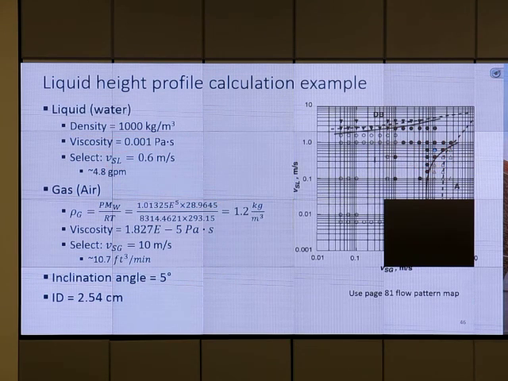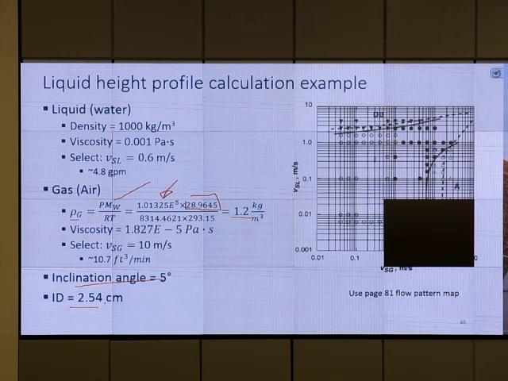I calculate the density of air. I get 1.2. Okay. Molecular weight of air, use 28.9645. If we do it at a different density, you can do the calculation, right? If we do it at a different pressure, you can do the calculation, right? Okay. Inclination angle equal to 5 degrees, diameter is 2.54 centimeter or 1 inch.